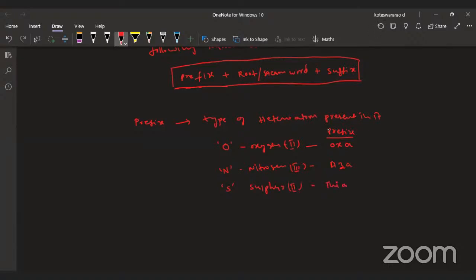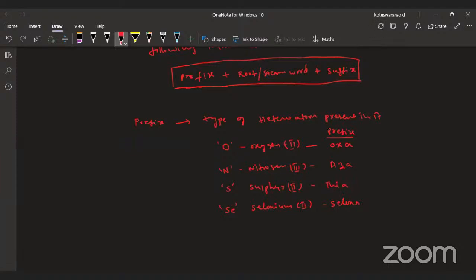Oxygen is oxa, nitrogen is aza, and sulfur is thia. Other heteroatoms are also seen rarely, for example selenium. Selenium's valence is also 2, and its prefix is selena.